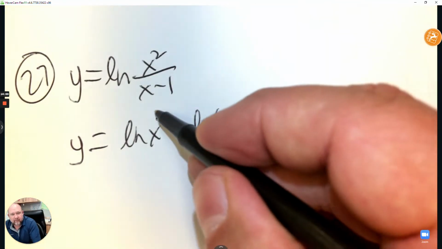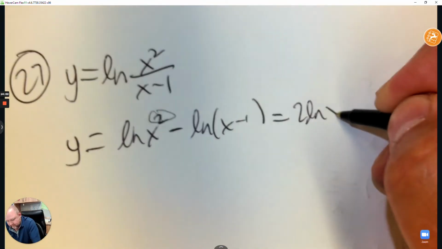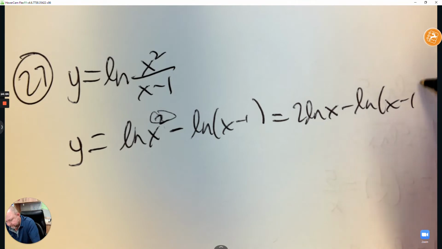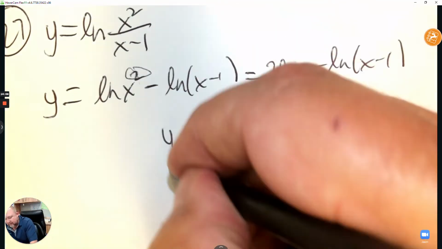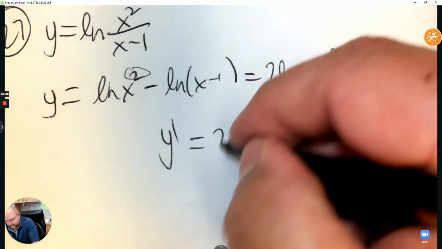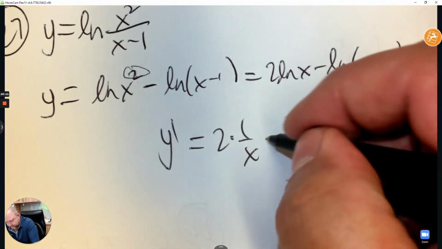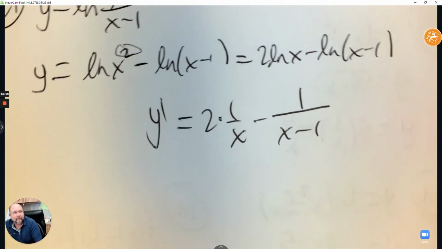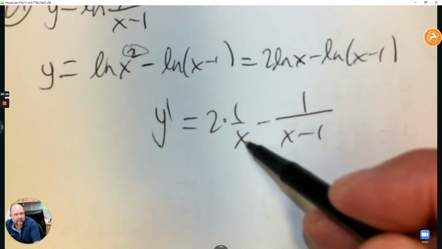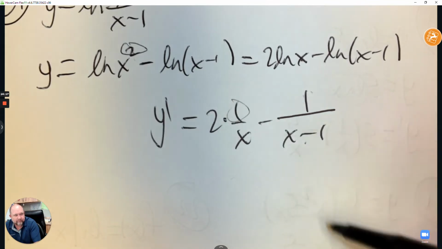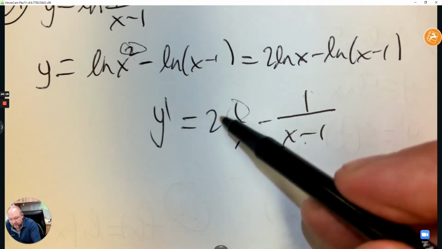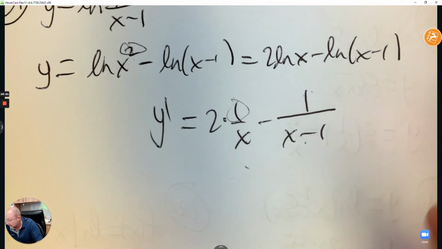And then one more property, the 2 can be written in front of the logarithm. And now we're at a point where we can take the derivative. So again, what I see, and the derivative in the numerator. You could also write this as 2 over x. 28.